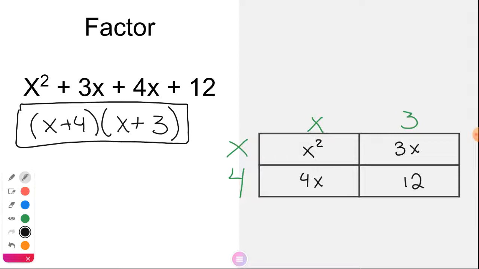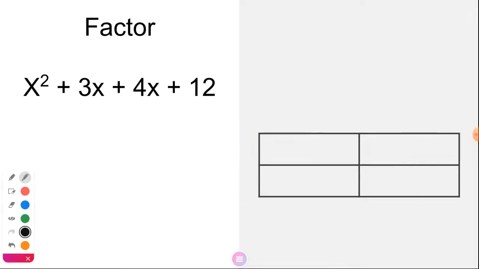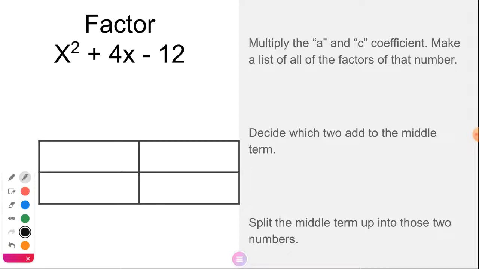Let's go ahead and look at our next example. Again, please pause, like any other video, if you'd like to try the problem on your own and check your work. Okay, so first step, we need to identify what our a, b, and c are. So we have a is right here, that's 1, b is 4, and c is negative 12.